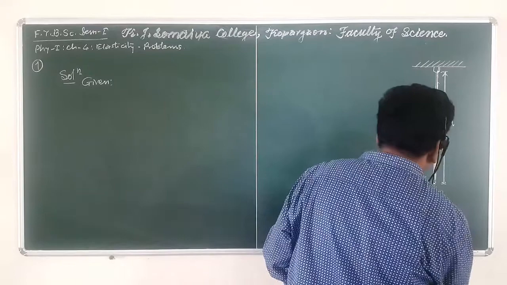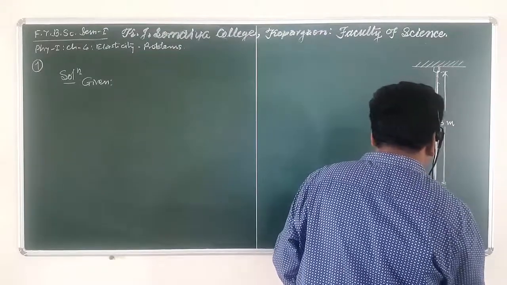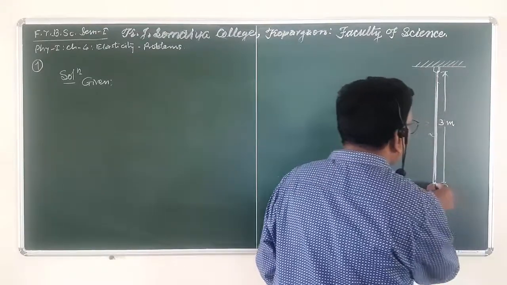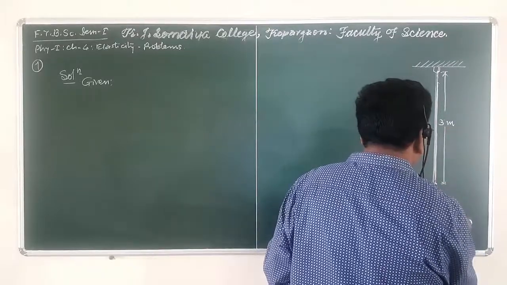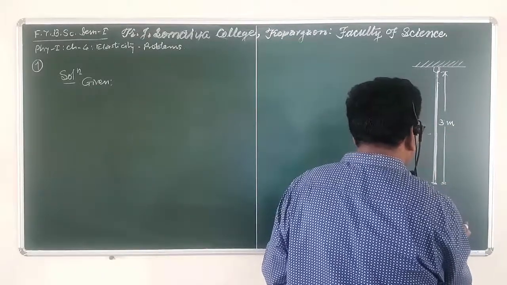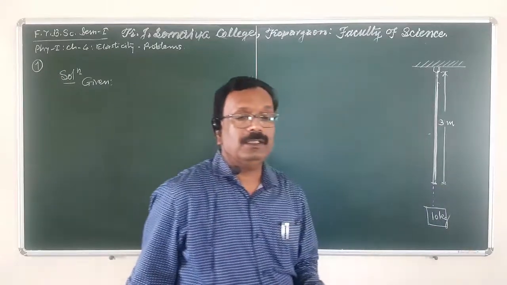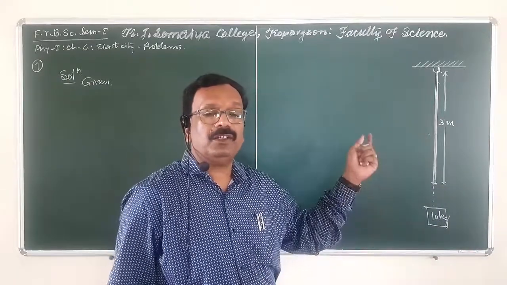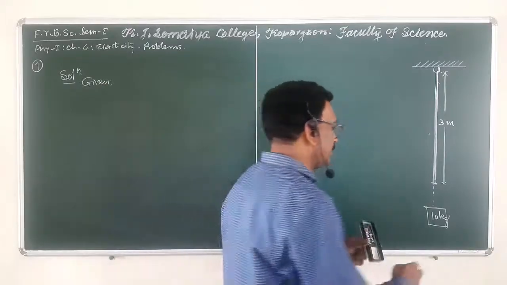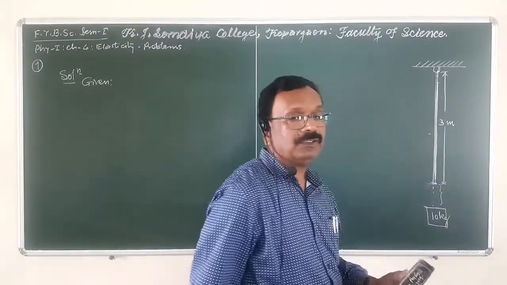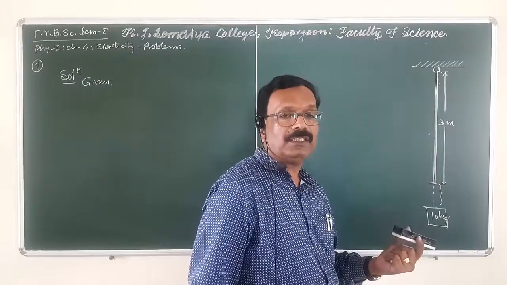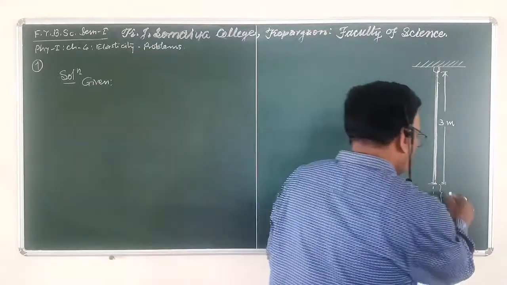Before applying the force or load, the length is 3 meter, and when we apply a load of 10 kg, the wire is elongated and stretched, and this change in length, that is the elongation, is 1 millimeter.